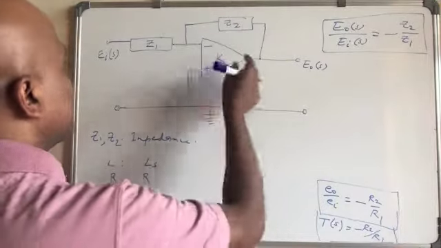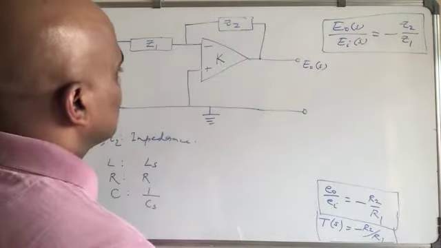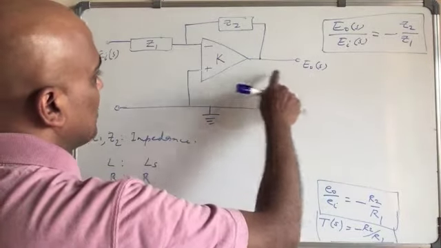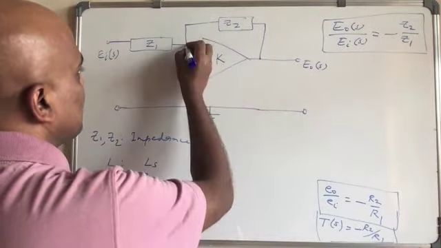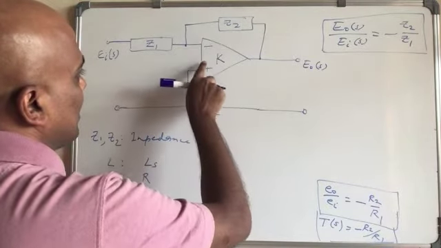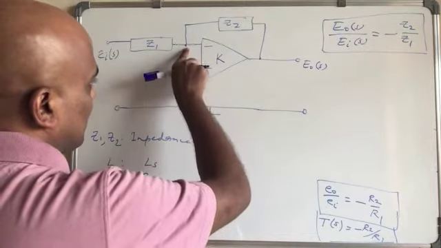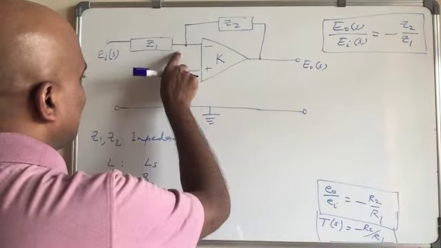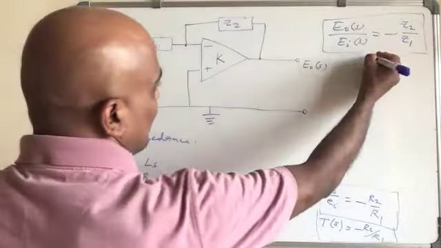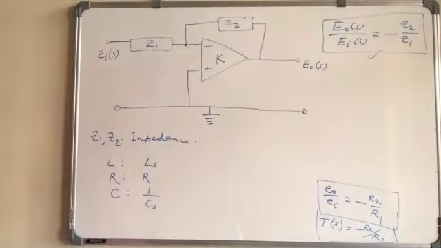And we do the same analysis and everything will be the same. The voltage at the inverting input will be 0 basically, right? Because it is 0, the current flowing here will be the current here, and you do the same analysis and you get exactly the same thing.